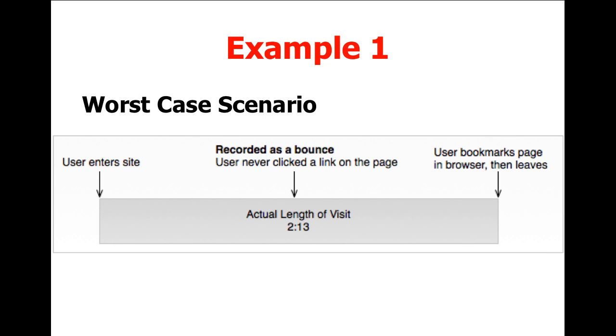In this case, because the time difference between entering the site and the last page view is 0, this scenario is recorded as a bounce in Google, and the time spent on site is also recorded as 0. So it drags your bounce rate up and your average time spent on site down, even though this person actually spent over 2 minutes reading something on your site. That's what I call the worst case scenario, and it's one of the major problems with this.